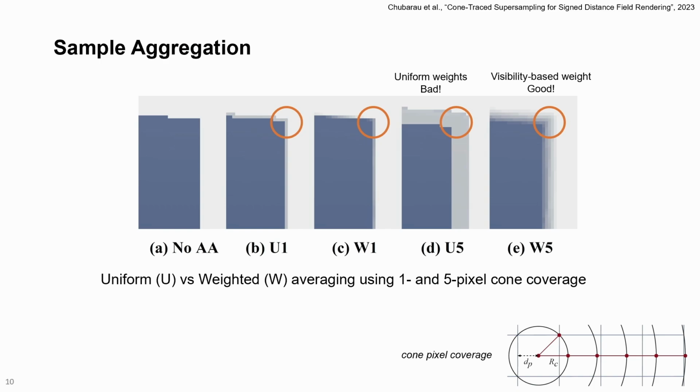A cone can cover not 1 pixel, but multiple pixels. With uniform weight sampling, what you get in figure D is the edge being just extruded from the object. Instead, with CTSS, we compute a visibility-based weight, which is what we show in figure E. Here, we take into account the visibility of a surface when we aggregate that sample.